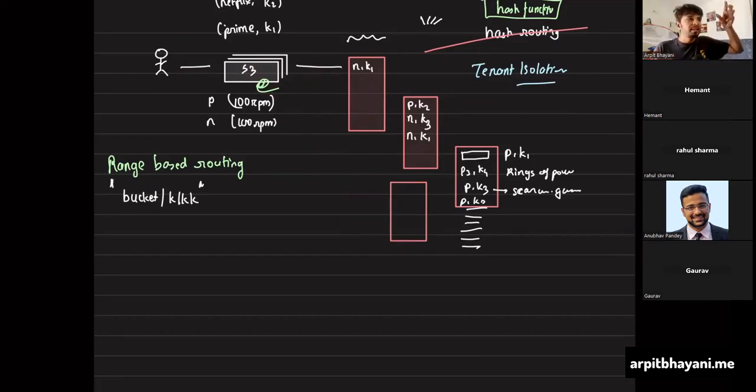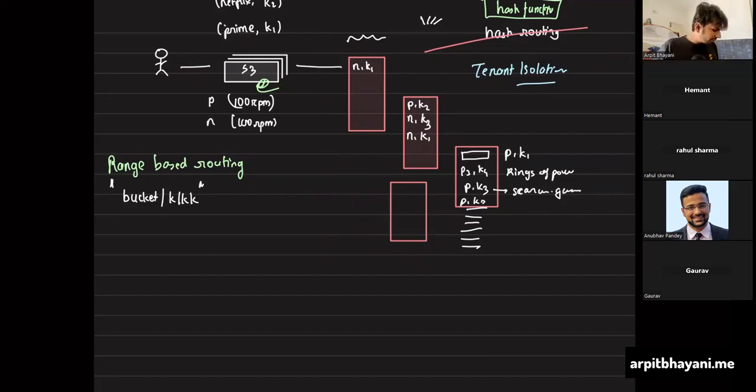Because requests from Prime and requests from Netflix affect each other. What you want is a clear separation.